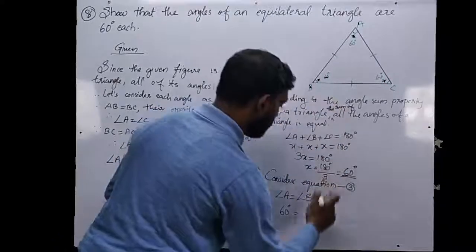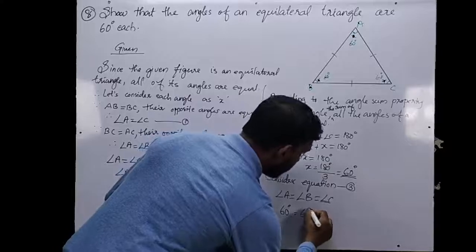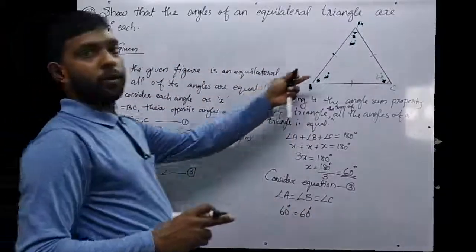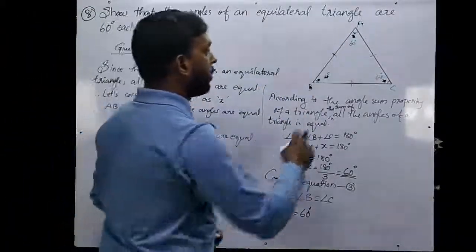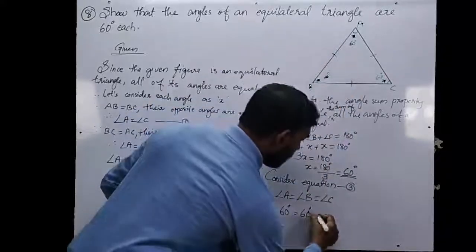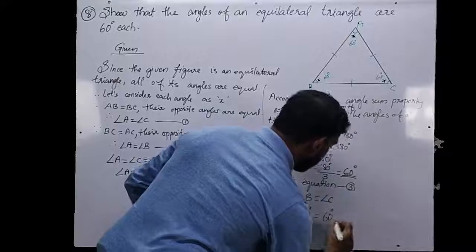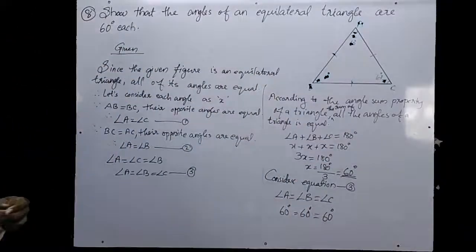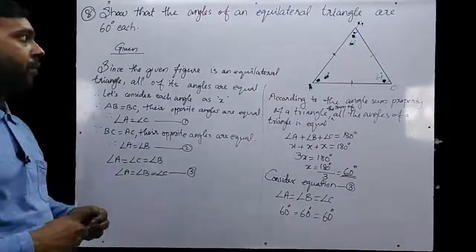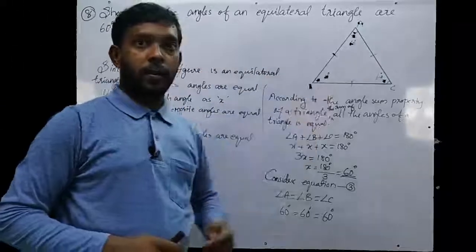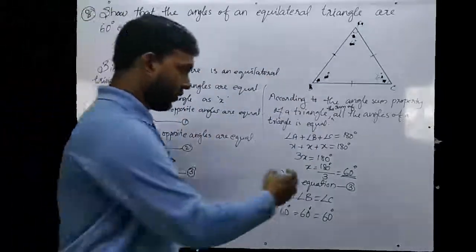Angle B is also 60 degrees, because angle B is equal to angle A. Again, angle B is equal to C, so that's also 60. So we have found that each angle of this equilateral triangle is 60 degrees.